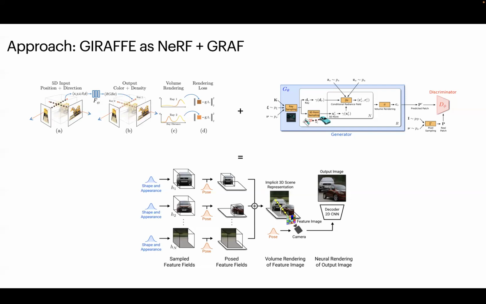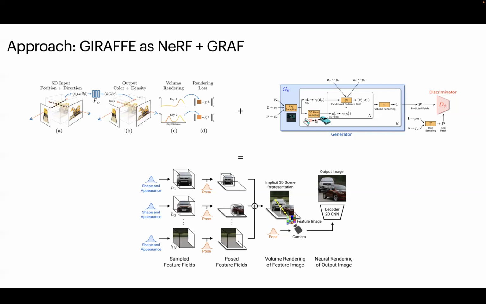The larger model is actually very similar to GRAF, but they changed some parts like conditional radiance fields and added one more neural render part to the model. It modified GRAF with some ideas of NeRF and finally achieved GIRAFFE. So this is the simpler architecture of GIRAFFE before we move to the very complicated one in the paper.